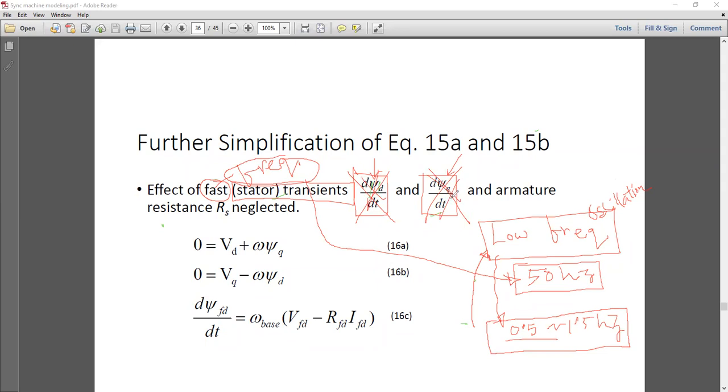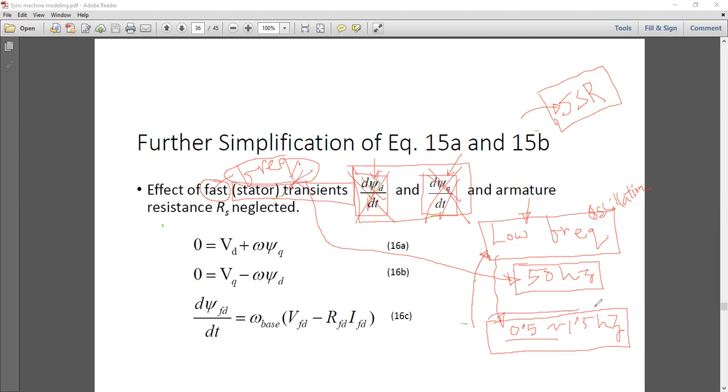For studying other phenomena, like SSR or subsynchronous resonance, or other high order or high frequency dynamics, you cannot ignore these terms. But one of the targets of our course is to study the low frequency oscillation, so we are not interested in high frequency oscillation.